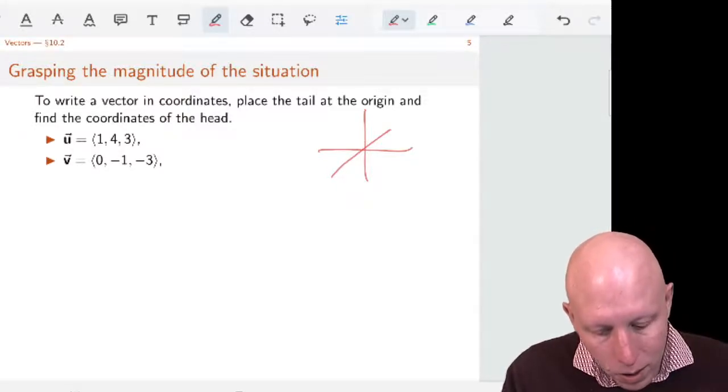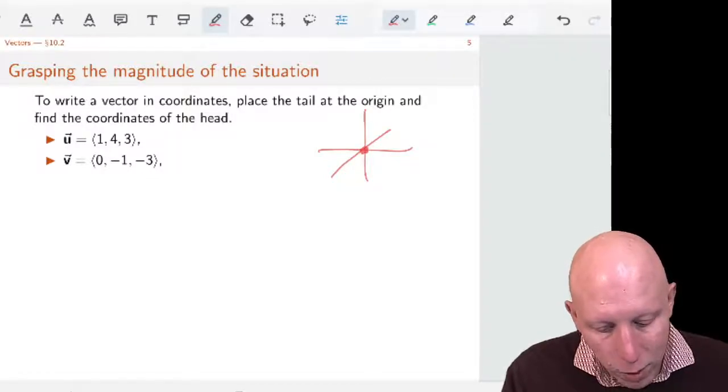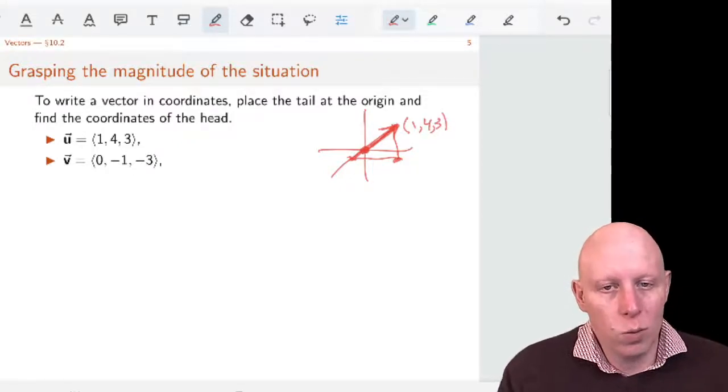Well, if we start out at the origin and we walk 1 unit in the x direction, 4 units in the y direction, 3 units in the z direction, then we've started at 0, 0, 0, and we've gone in the direction of this vector 1, 4, 3, so we end up at the coordinates 1, 4, 3.